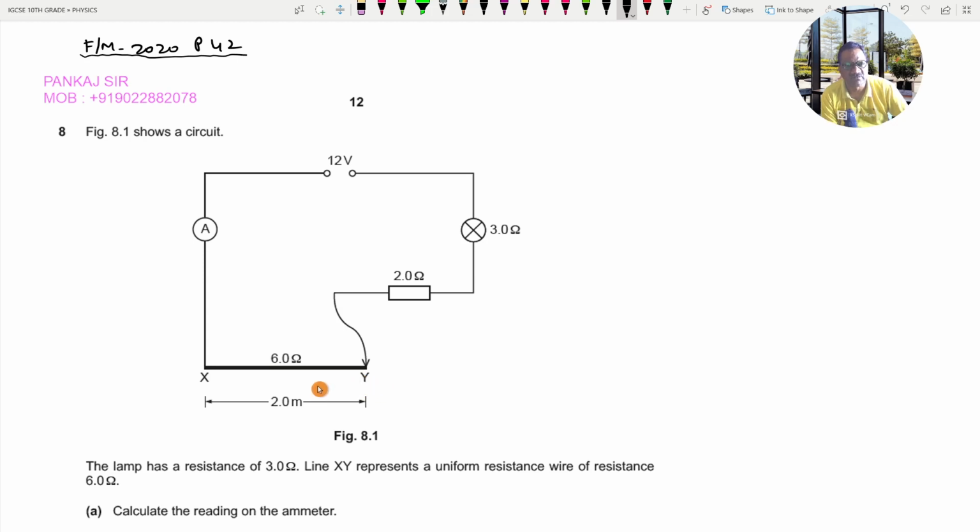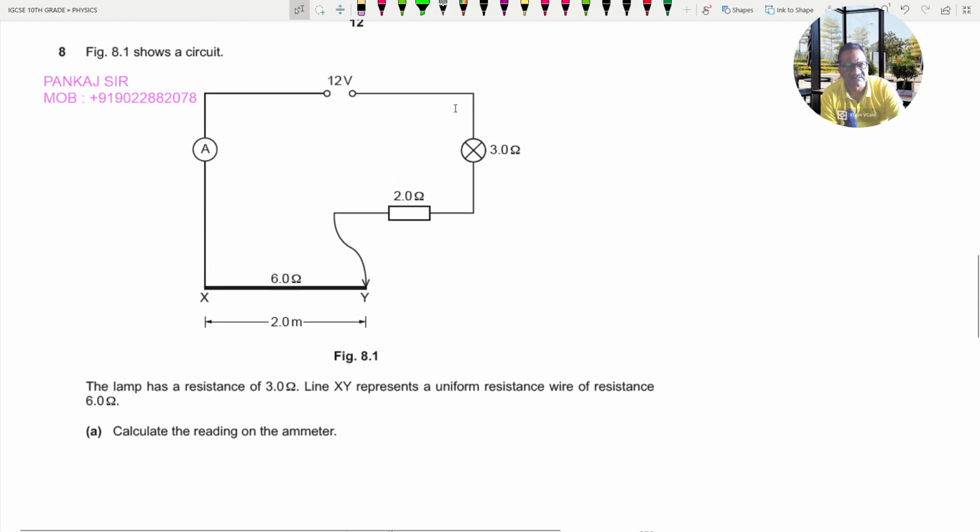So what you have to do is, let us see the circuit over here, and you have to calculate the reading of the ammeter. Of course, the reading on the ammeter will be the current flowing through the circuit. So basically you have to find out the current flowing through the circuit, isn't it?